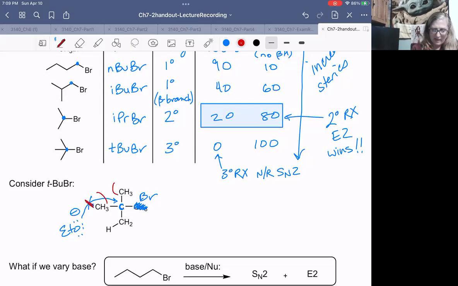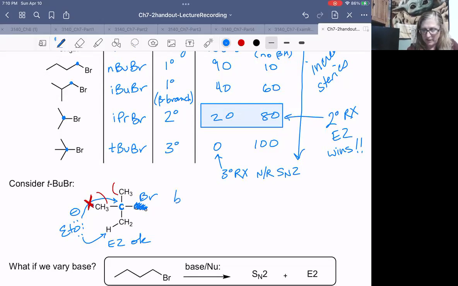So this does not happen. So why is E2 possible? Because for E2, all it has to do is come out and grab this beta proton. Protons are always accessible because they're easier to get to than the tetrahedral carbon atom. So E2 is not affected by sterics, and it wins completely when we have a tertiary center.